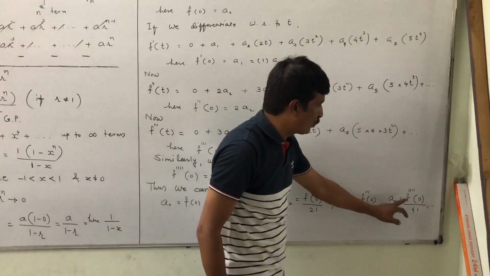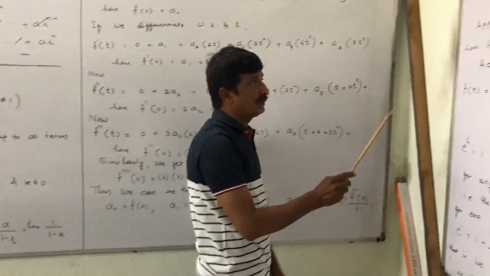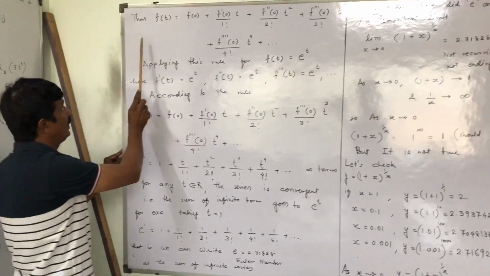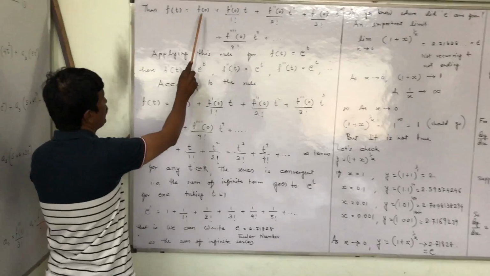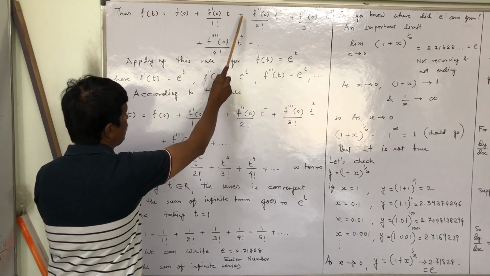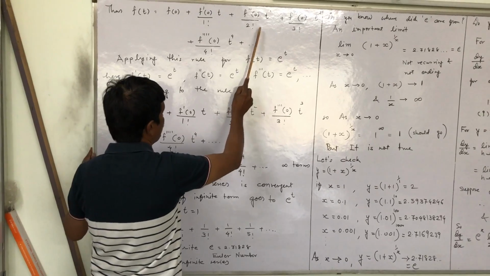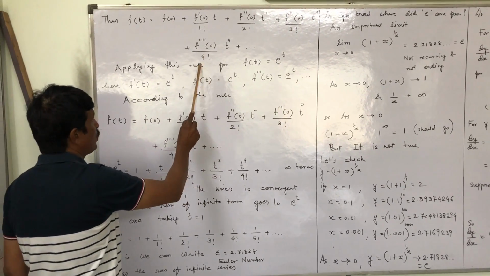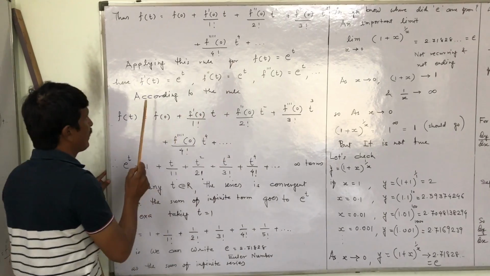Similarly, a4 is f 4 dash 0 upon 4 factorial. Now, thus f of t equal to f of 0 plus f dash 0 upon 1 factorial into t, f double dash 0 upon 2 factorial t square, f triple dash 0 upon 3 factorial t cube, f 4 dash 0 upon 4 factorial t raised to 4, etc.